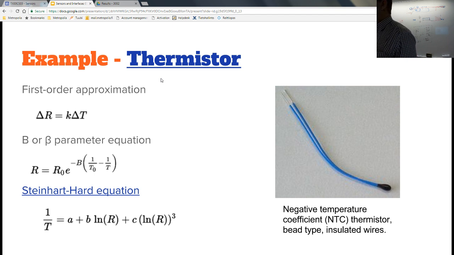Well, there are plenty of materials which do that. So when you have higher temperature, basically you get more free electrons, and in the semiconductors you also have holes.